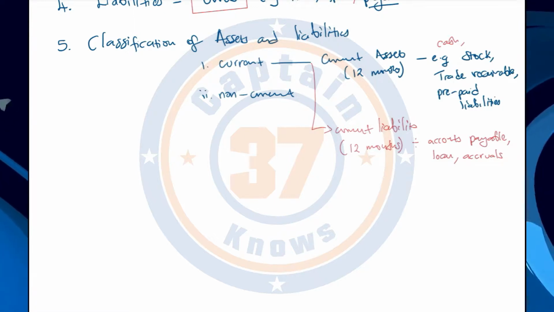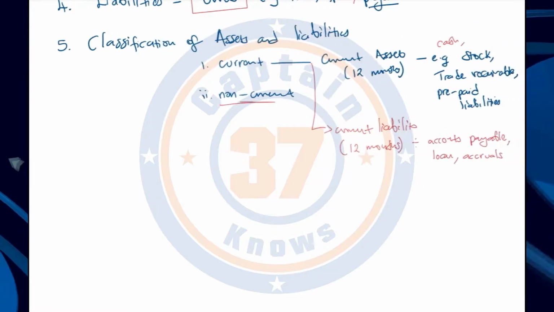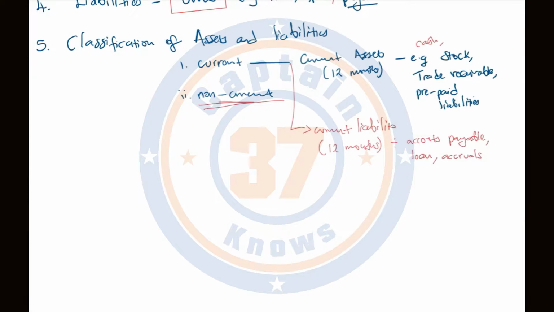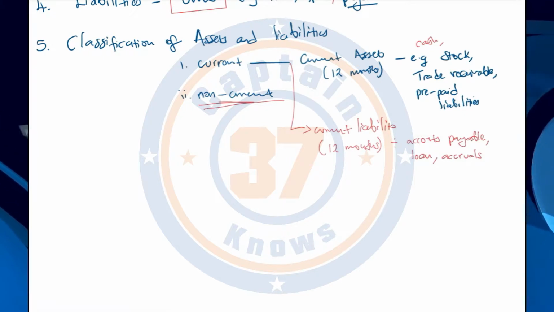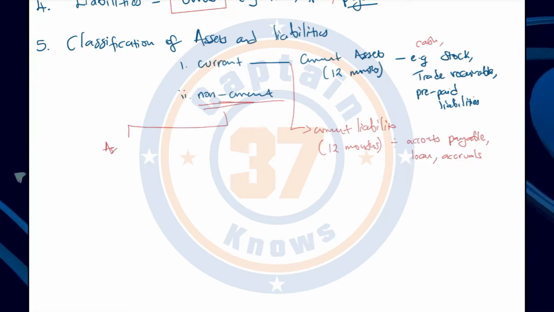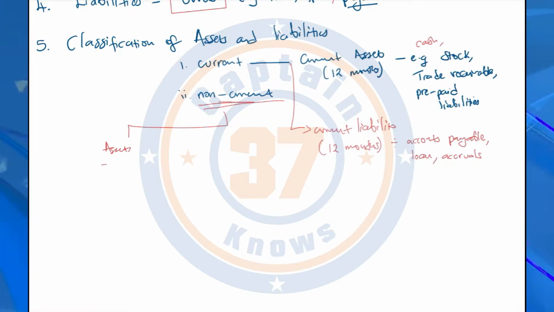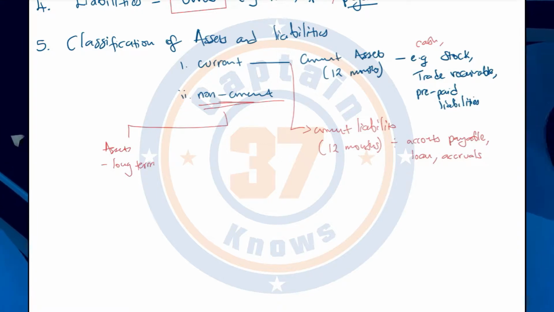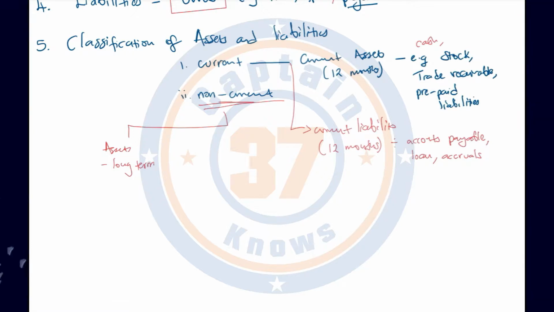Let's now talk about non-current assets and non-current liabilities. Let's start with non-current assets. As you may already guess, these are long-term. Therefore, their use must be for more than 12 months.